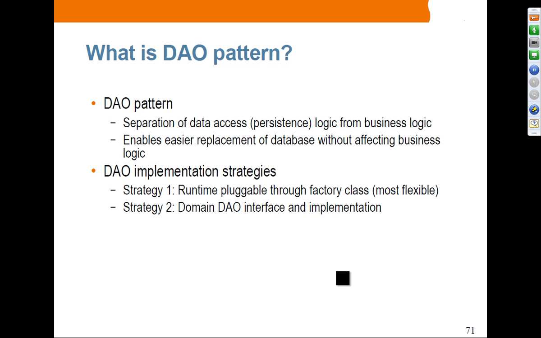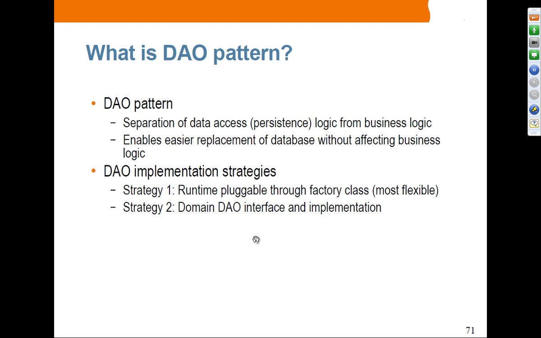That's basically what this pattern is all about. It's insulating your business logic from your data access logic, so that the data access logic, or even the database server technology, could be changed without affecting your business logic. So it enables easier replacement of the database technologies or the APIs without affecting business logic.